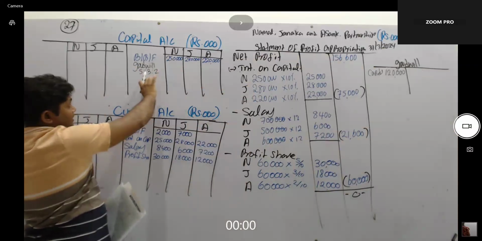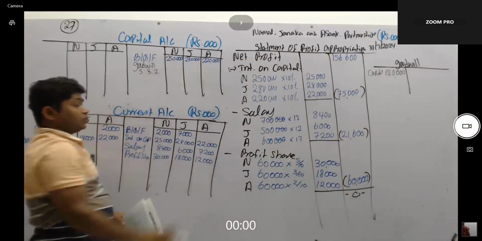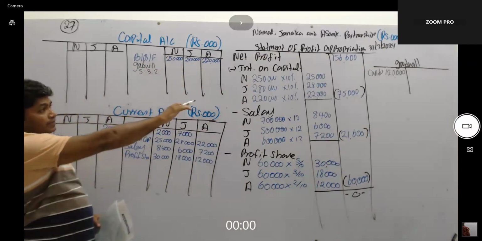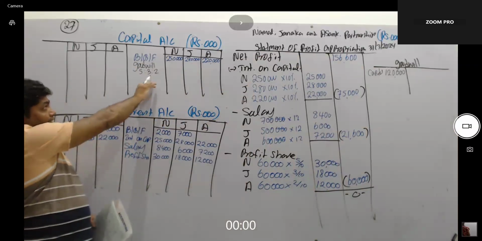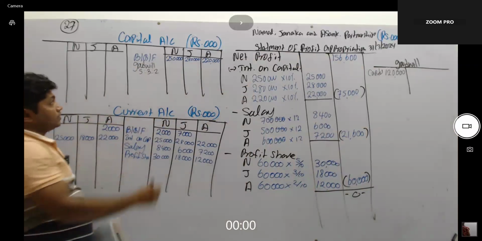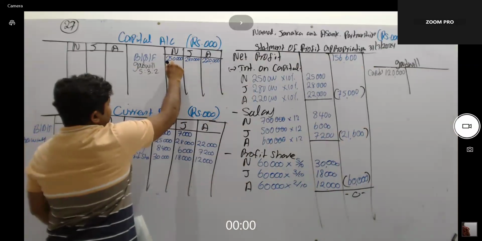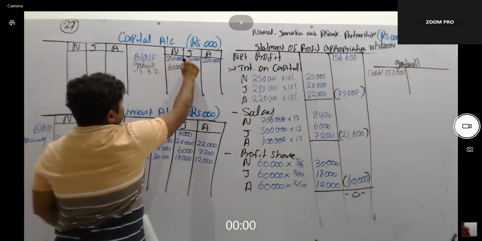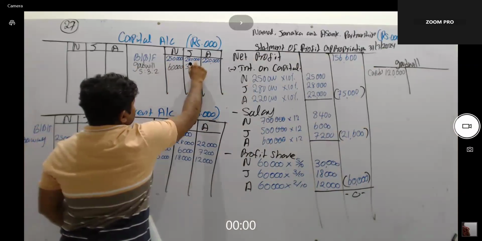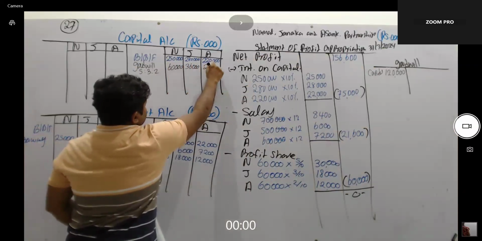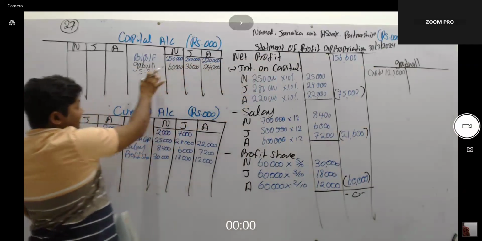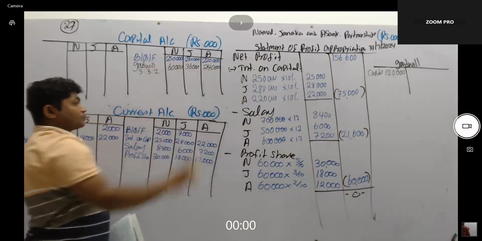Goodwill account debit, partners' capital account credit by using the old ratio. Dividing 120,000 by 10 into 5:3:2, the values are 60,000, 36,000 and 24,000.